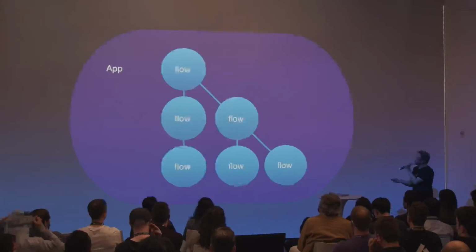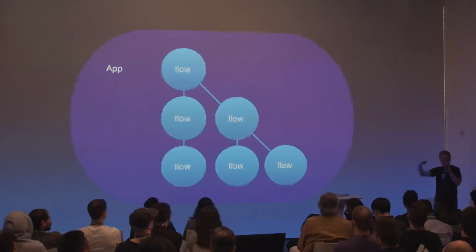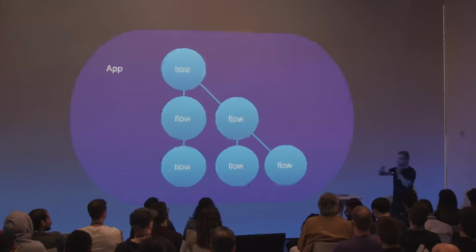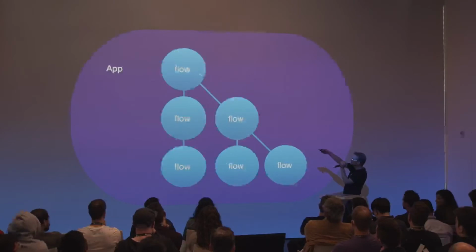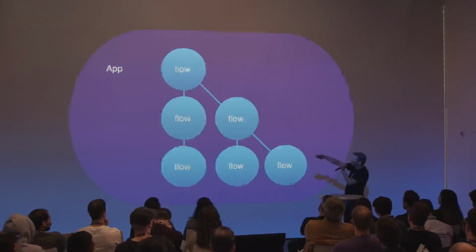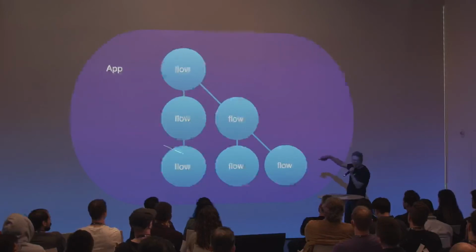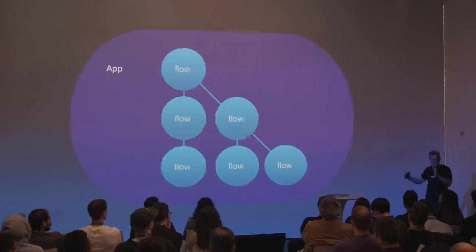What you can do, though, is stick other flows as attributes of a flow. So you can build a tree of components that will have their own logic. This run method here can call or may not call, depending on your logic, the run method of a child flow, and so on and so forth. So you can actually compose logic in a tree.